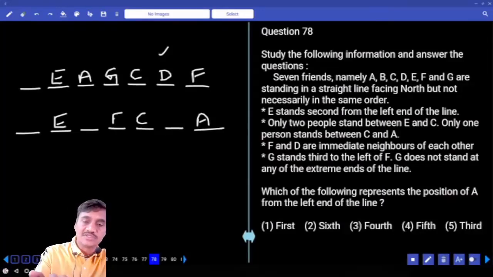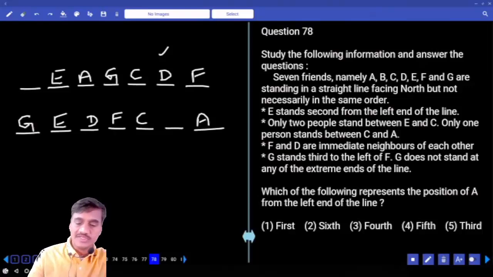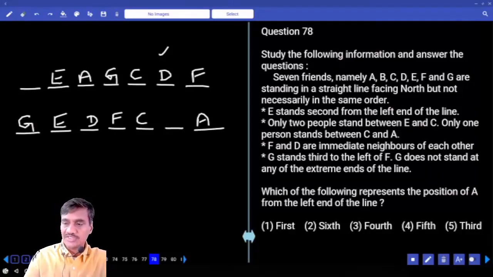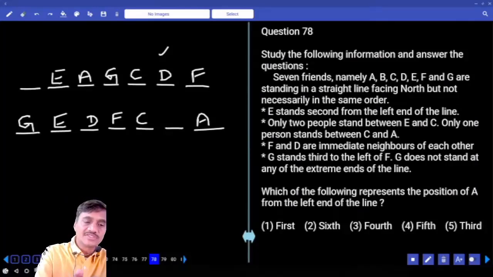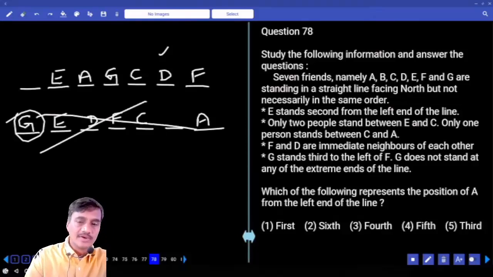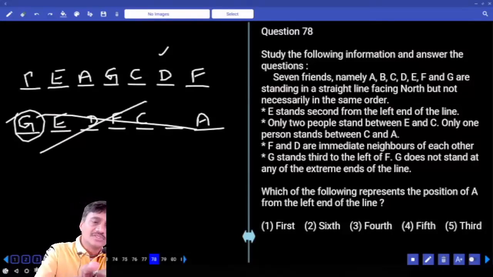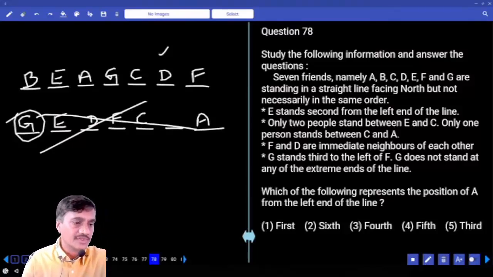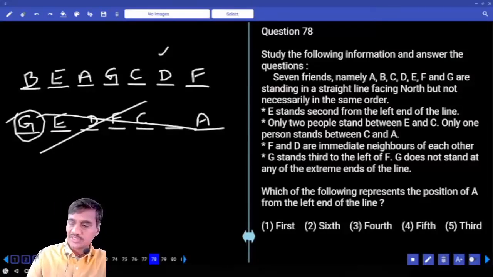Hence F is here, D is here, and G stands to the left of F. G is here. And next, G does not stand at any one of the extremes. Hence in the second case, G is at the extreme end, so this case is ruled out. Now we are left with only the first case. In this one, B is here. Done with this? Now this is about question number 78 to 82.